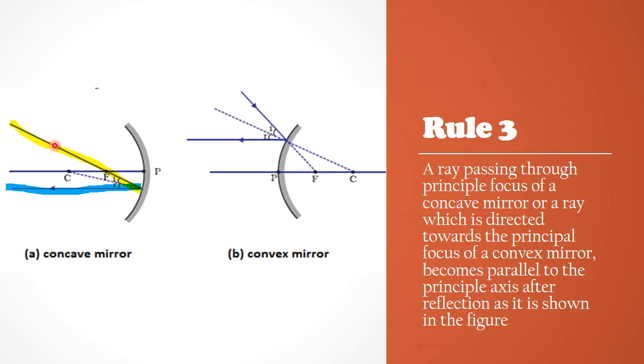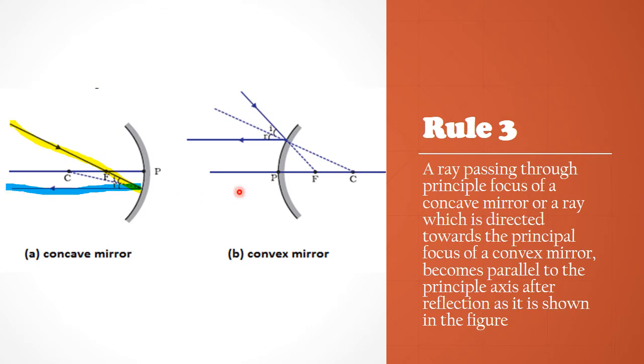In this figure, this yellow light represents your incident light and this blue line represents your reflected light. So the light which passes through the focus, after reflection, moves parallel to the principal axis.